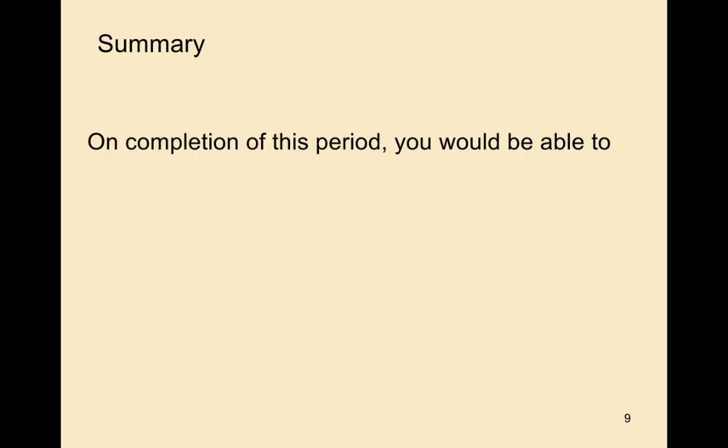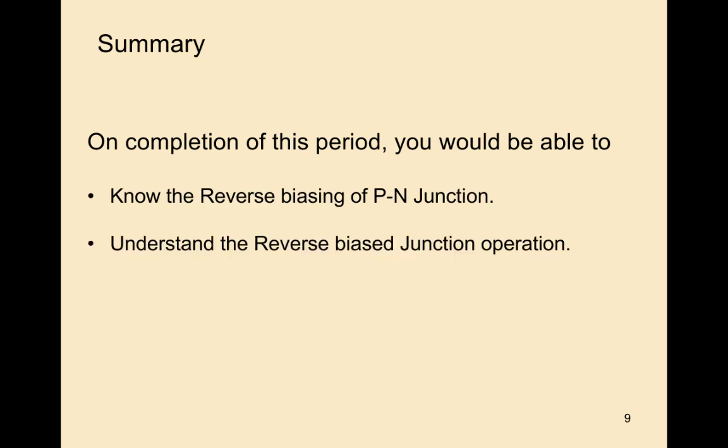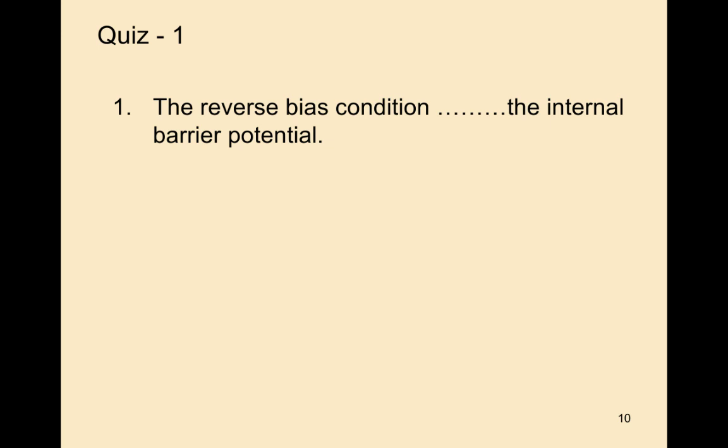At the end of the session, you will have understood the reverse biasing of a PN junction and the reverse bias junction operation. Let us see some quiz questions related to today's topic. First question: the reverse bias condition dash the internal barrier potential.